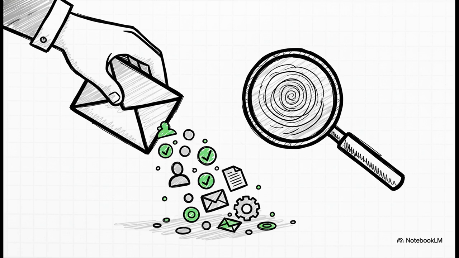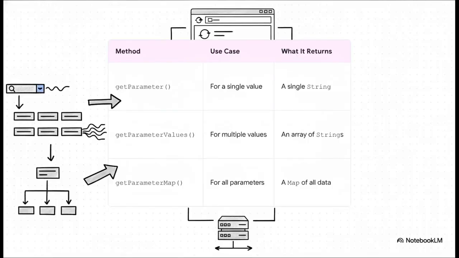This gives you a complete map of every single parameter and its values, all in one go. So, just to recap, we have three different tools for three different jobs. You can grab a single value, a list of values, or just get everything at once. This is actually a really great example of thoughtful design, giving you just the right tool for the job to keep your code clean and organized.